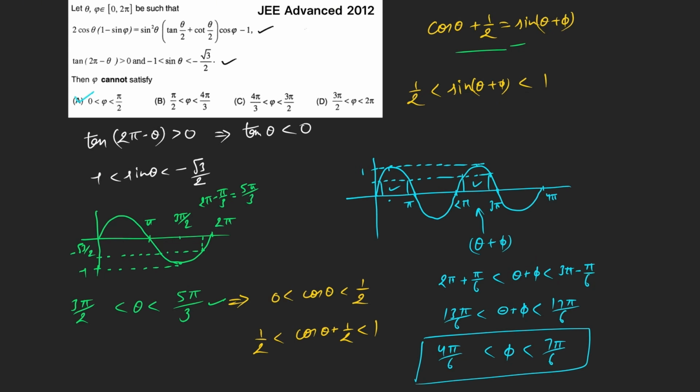So 4 pi by 3 is greater than 7 pi by 6. Therefore, phi can lie between these values. And option C says that phi is greater than 4 pi by 3, which is not correct. So we will select this option as well. And of course, it is not greater than 3 pi by 2. Therefore, this is also our answer.